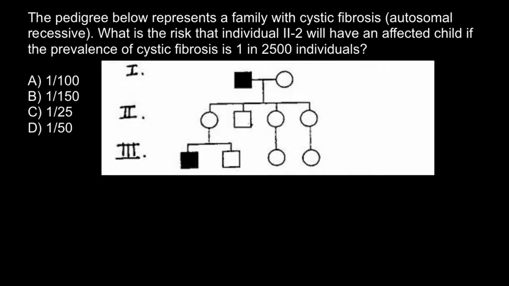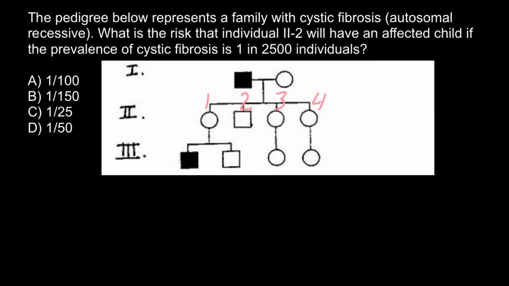First of all, as you see, the Roman numerals designate generations: generation 1, 2, 3. If we are looking for individual 2, we count individuals from left to right using Arabic numerals, so this would be individual 1, 2, 3, and 4.